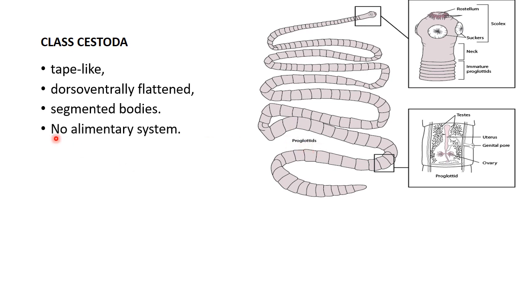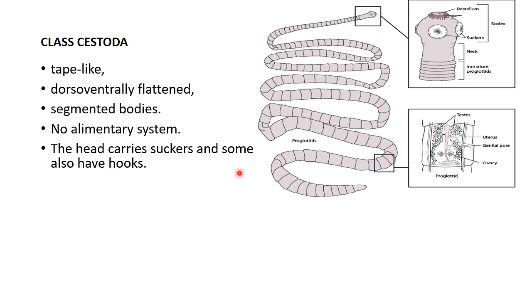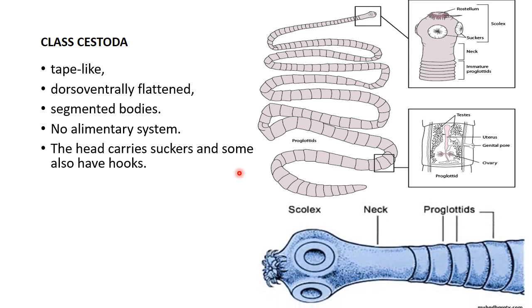Then, as we said during the description of their phylum, they do not have an alimentary canal. Then their head carries suckers, and on those suckers some have hooks and some do not. As you can see here, these are the suckers around the head. The head is known as the scolex, and then they have a neck and proglottids, which are the segments of the body.